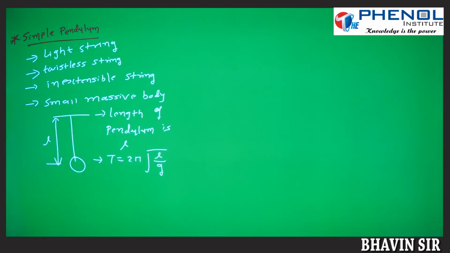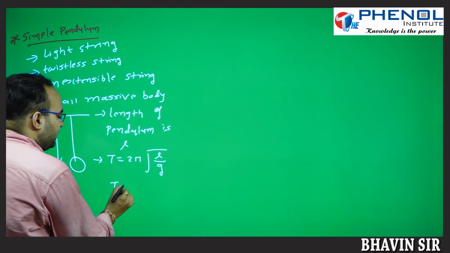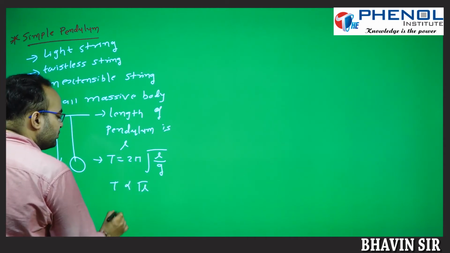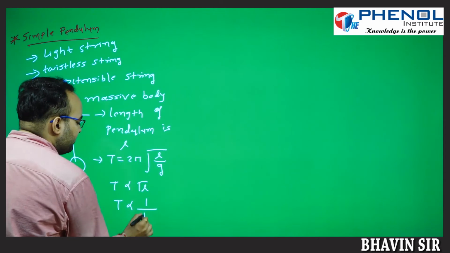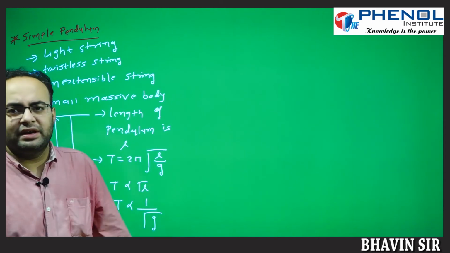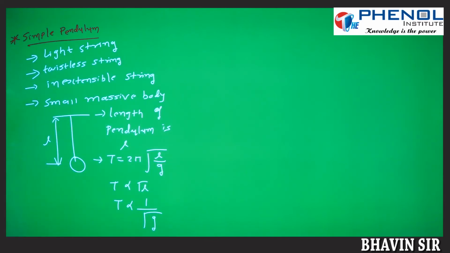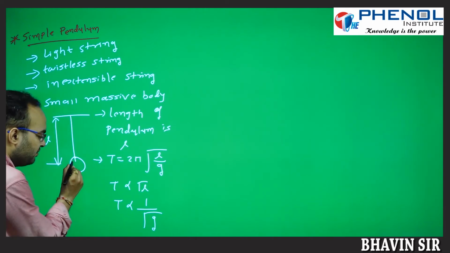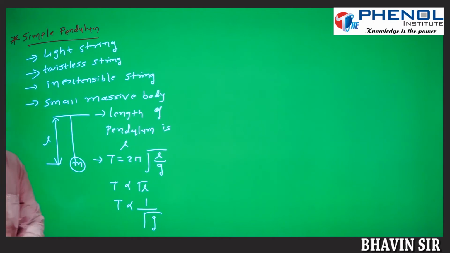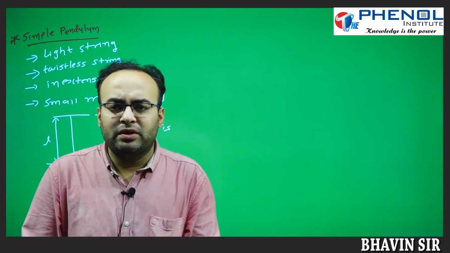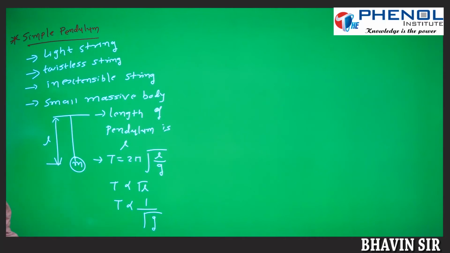It means the time period of the pendulum is directly proportional to root L and inversely proportional to root of gravitational acceleration. But students, remember, the time period of the pendulum does not depend on the mass of the bob, or we can say it does not depend on the mass of the oscillator.